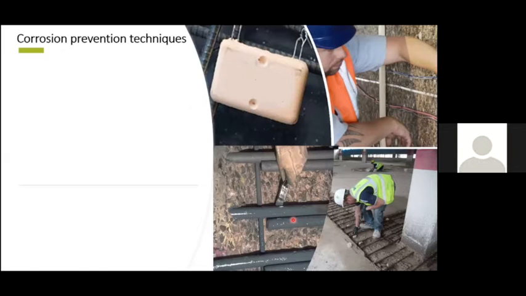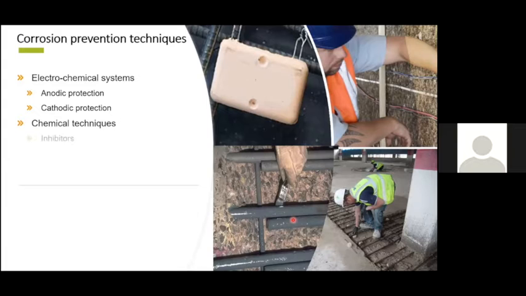Now, there are various corrosion prevention techniques: electrochemical systems, anodic systems, cathodic systems, and various chemical techniques like the inhibitors that I'll be touching upon today, actually changing the chemical composition of the electrolyte through which the inhibitor will be flowing, because for everything you require a medium through which the chemical exchanges take place.